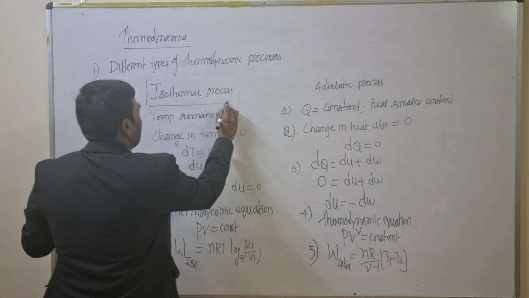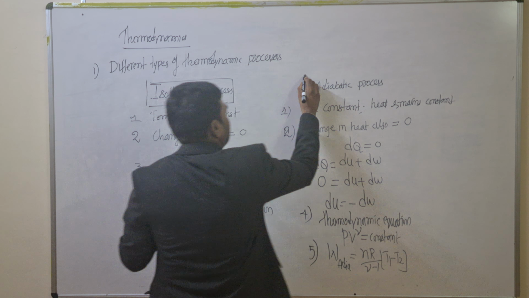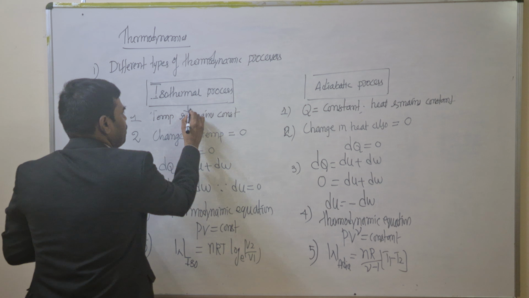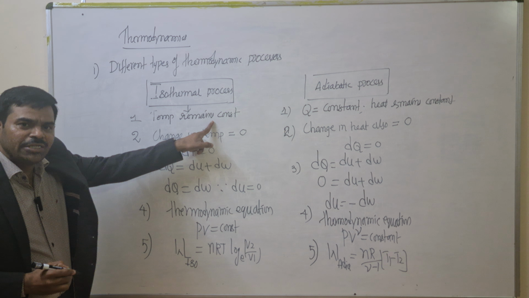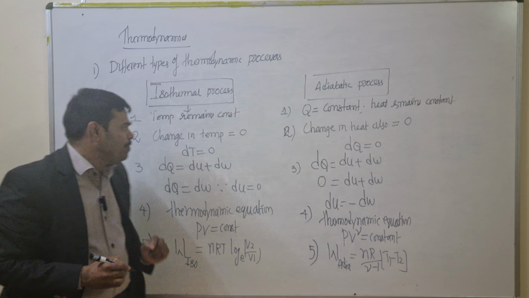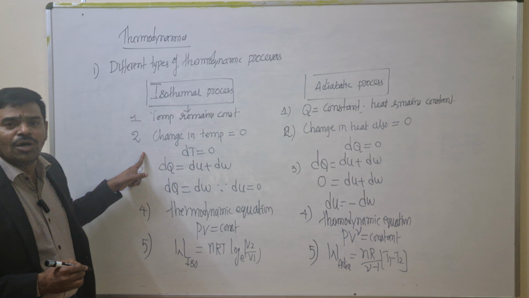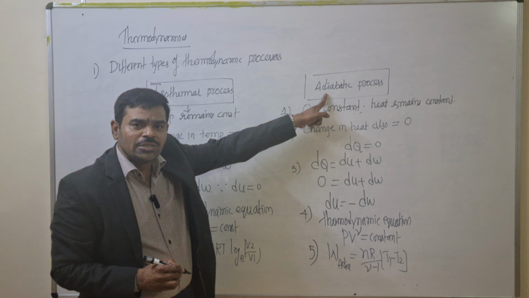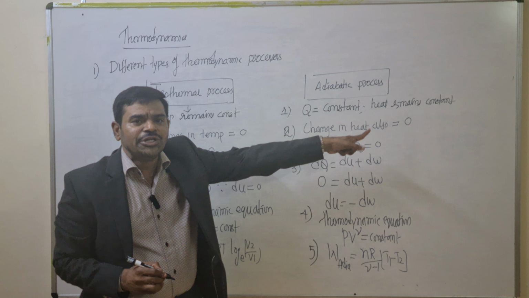So this is the isothermal process and this is the adiabatic process. In the isothermal process, temperature remains constant, whereas in the adiabatic process, heat remains constant. In the isothermal process, change in temperature is 0, whereas in the adiabatic process, change in heat is equal to 0.